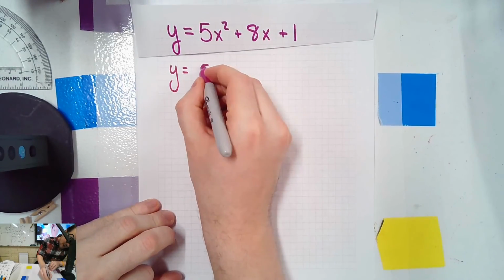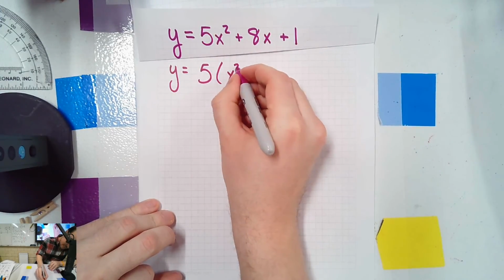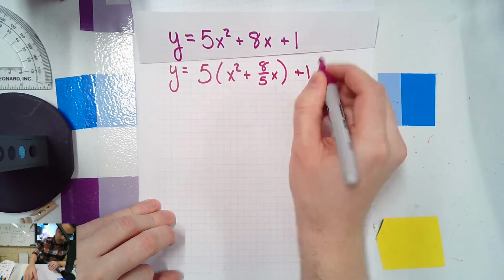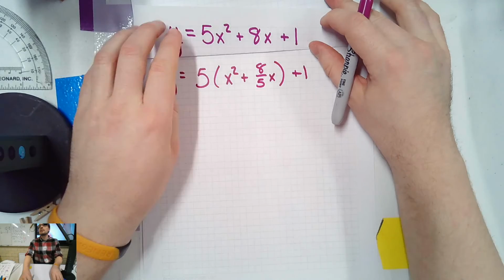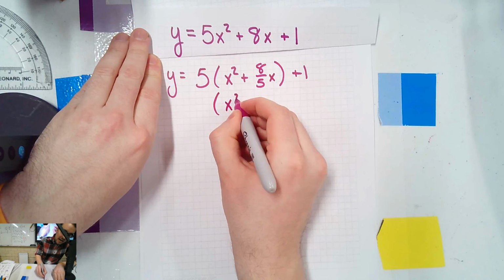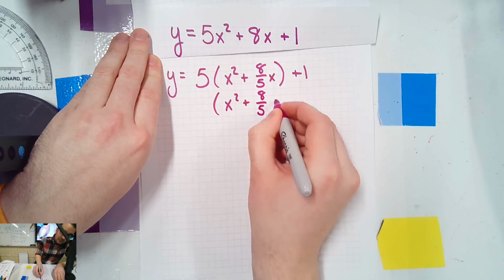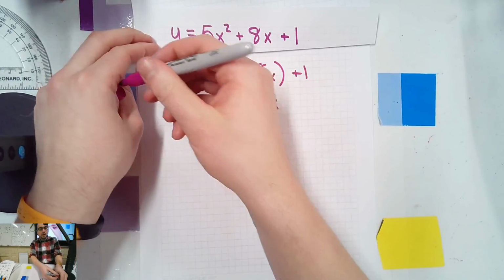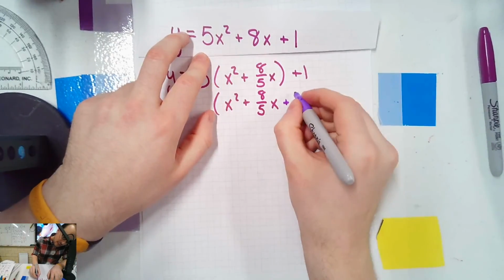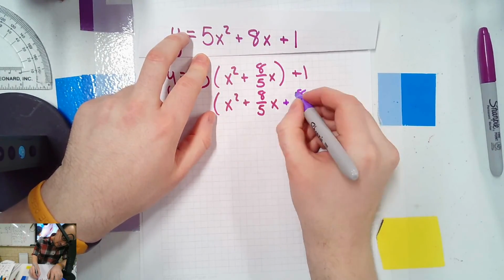First thing, I pull out the 5. 8/5, right? We cool with that? I pulled out the 5, right? Now, to complete the square, I have to add something that wasn't there before. And it's going to be whatever this is, half and squared, right? So what I add on is this cut in half and squared.